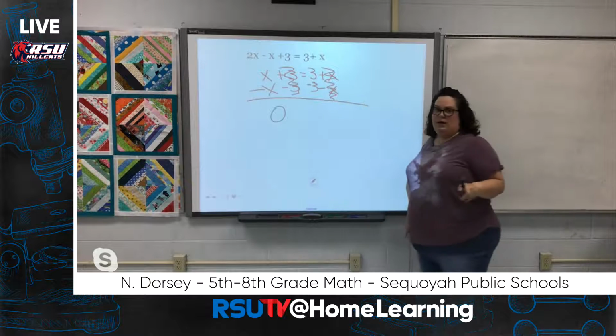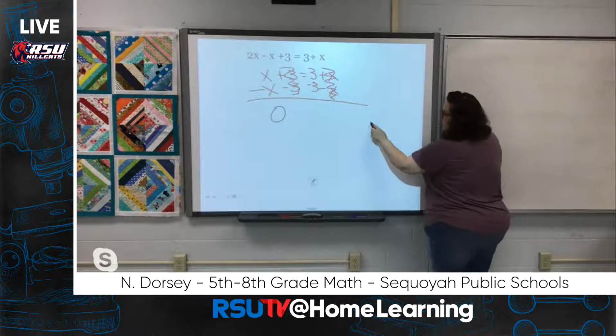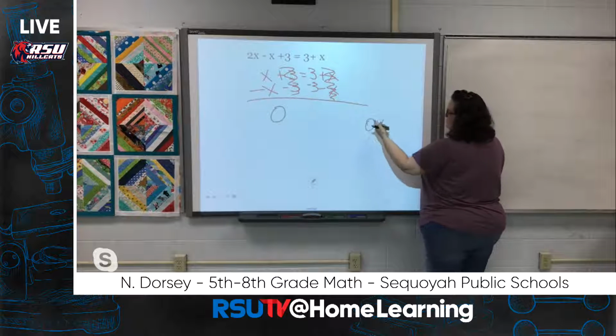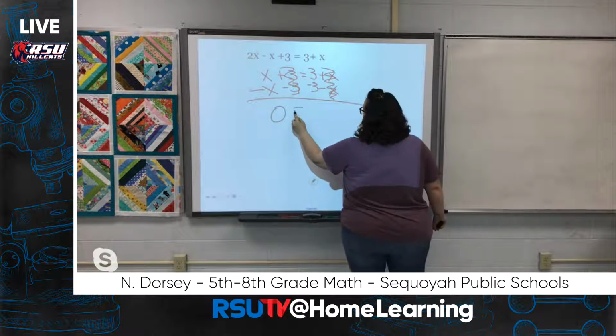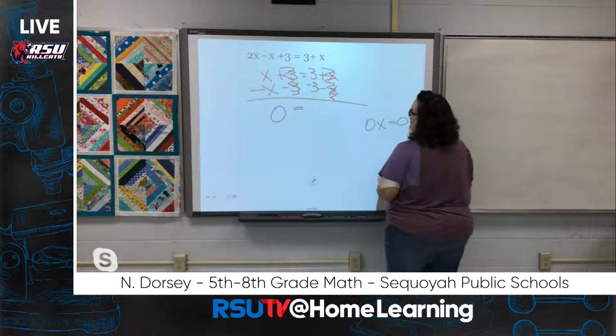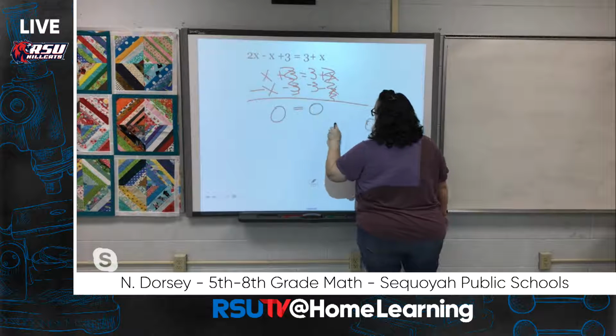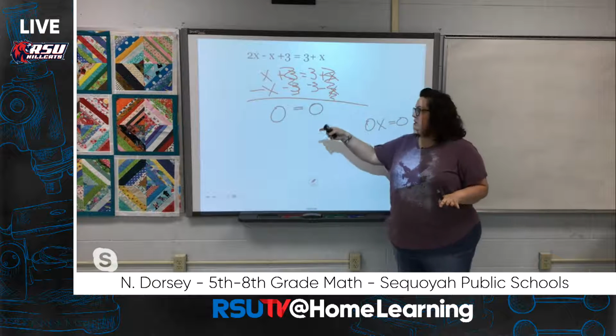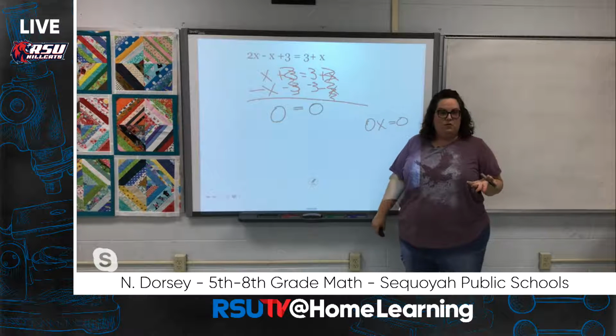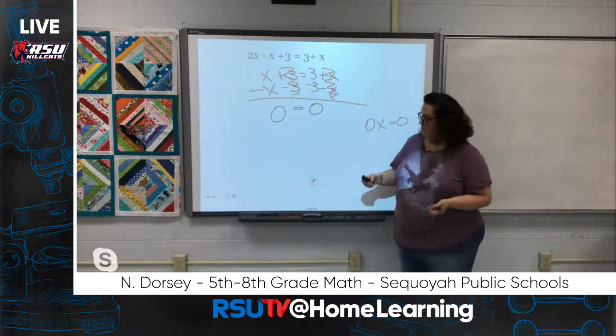Do not put 0x, and here's why. If you put 0x, what is 0 times x? 0. That's why you don't do that. Bring down your equal sign. 3 minus 3 is 0. So when you get to a problem where 0 equals 0, that's when you know that your answer is identity. Okay?